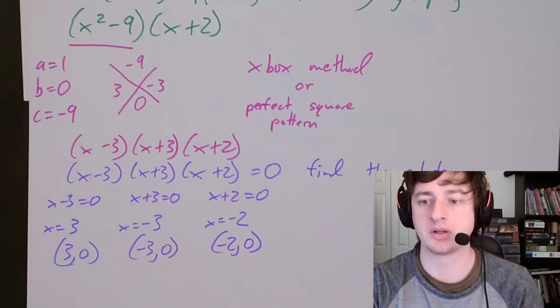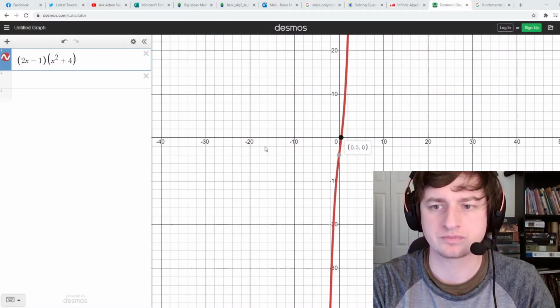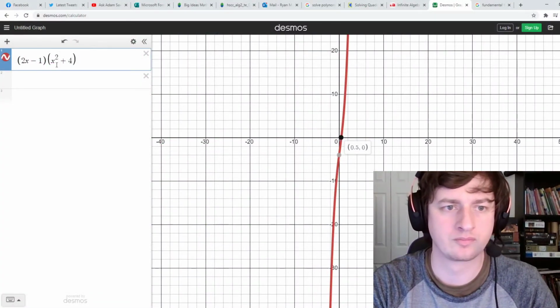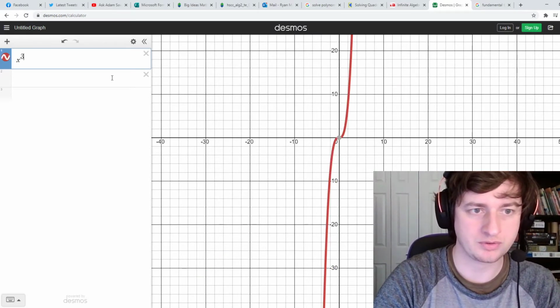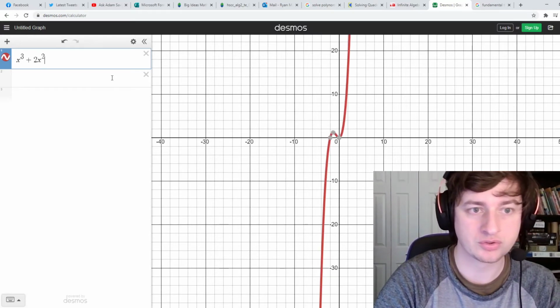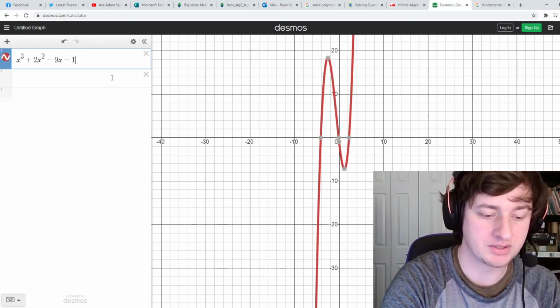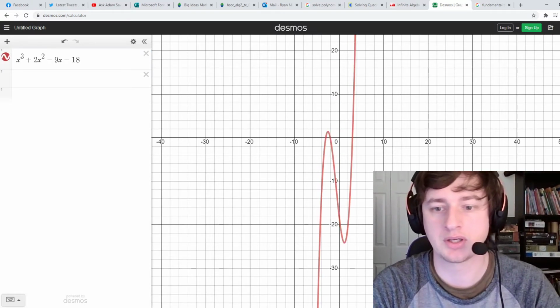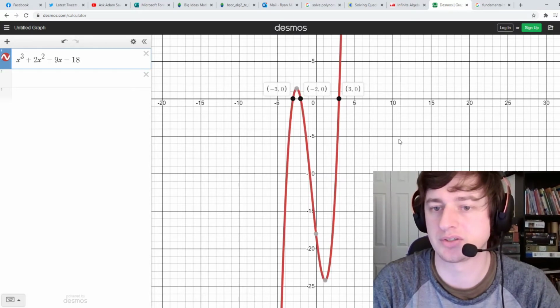Okay, and then on Desmos, our original function was x to the third plus 2x squared minus 9x minus 18. And that gives this cubic, which crosses at negative 3, negative 2, and positive 3.